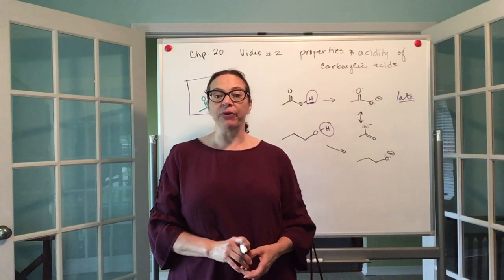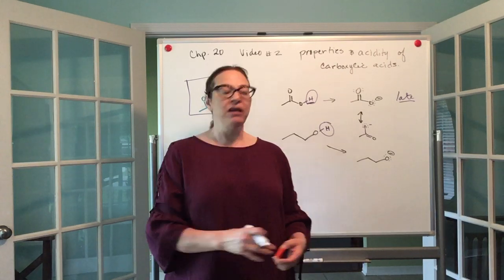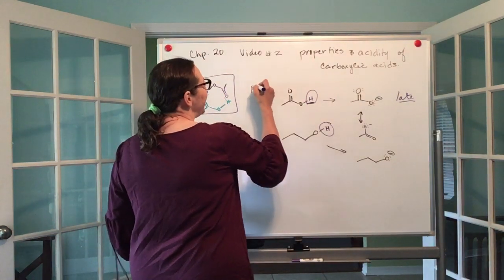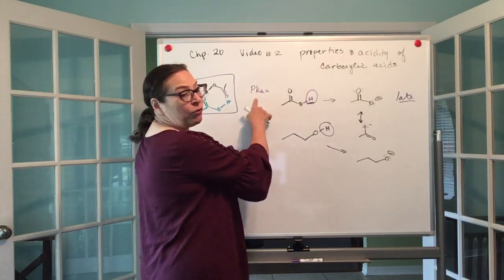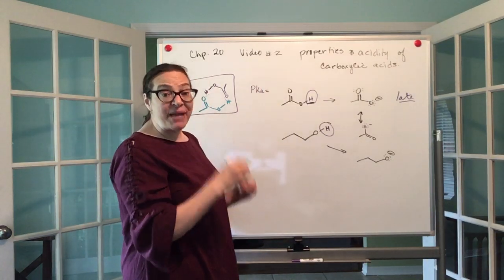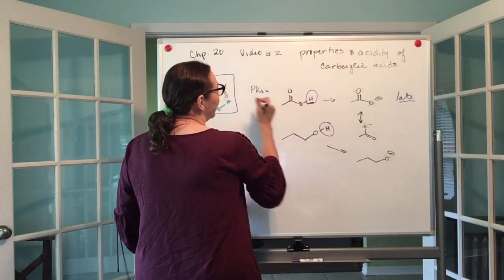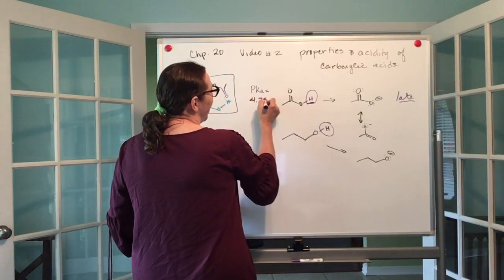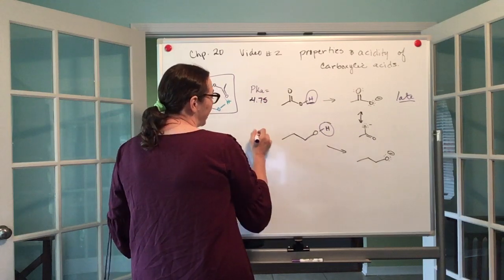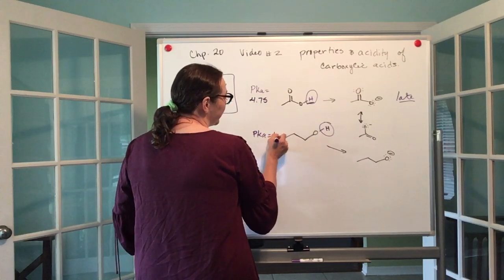And to be able to do that, we can only do it by using its pKa's. The pKa is the measure of the acidity of that acid. The pKa of this hydrogen is 4.75, whereas the pKa of this hydrogen is somewhere closer to 16.